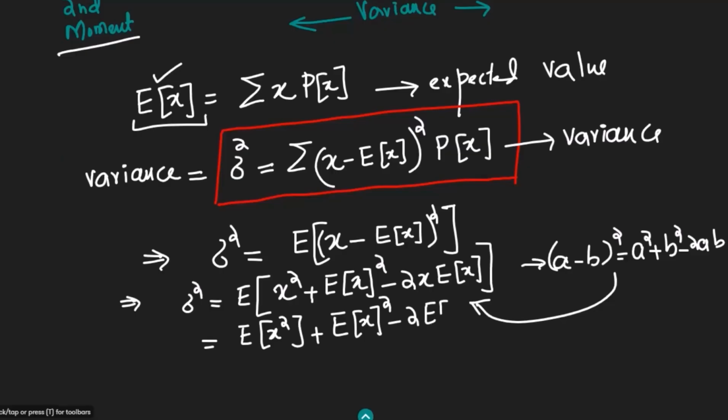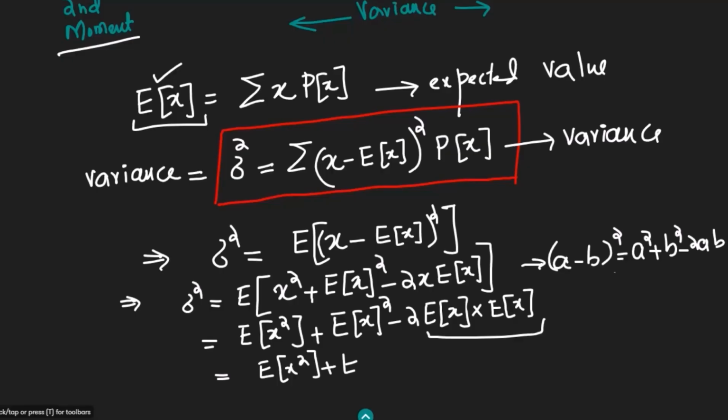Therefore here we will get expected value of x multiplied by the expected value of x. So these two will multiply together, and here I will get expected value of x square plus E x whole square and minus 2 E x whole square.